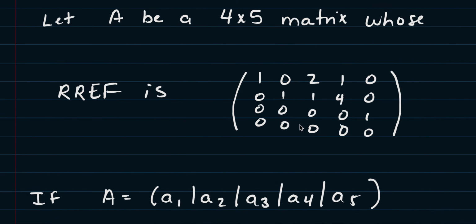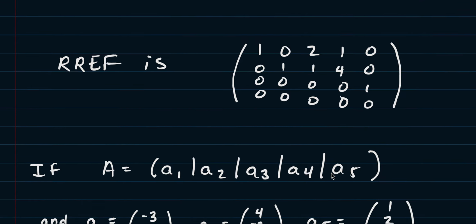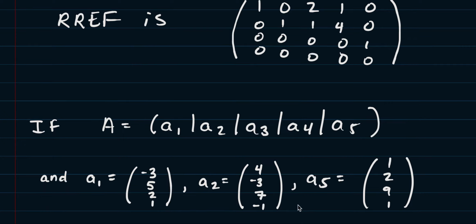What I am telling you is that it is a 4 by 5 matrix, and you can write this matrix A as a bunch of columns, A1 through A5. I'll also tell you 3 out of 5 columns. I'll let you know what A1 is, A2 is, and A5 is, but I'm not telling you what A3 and A4 are.